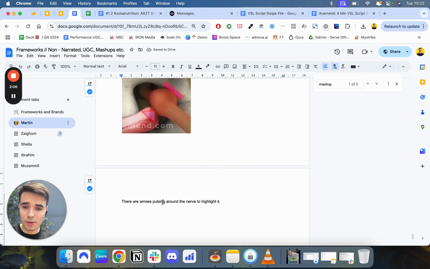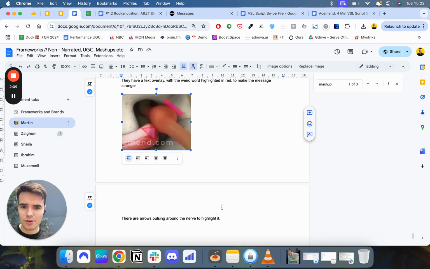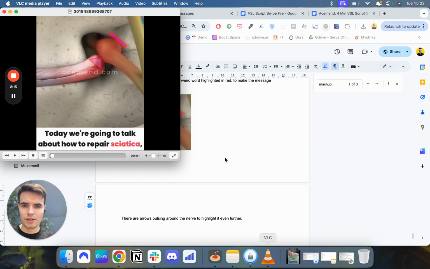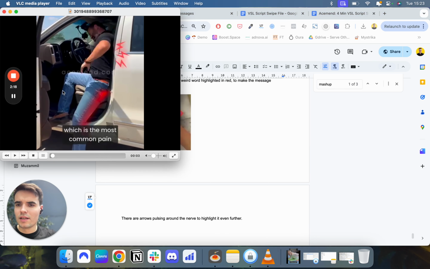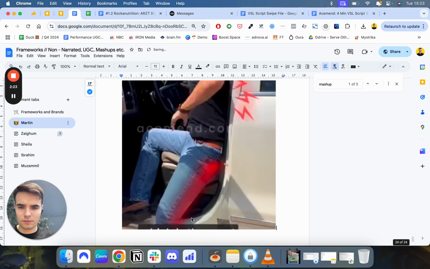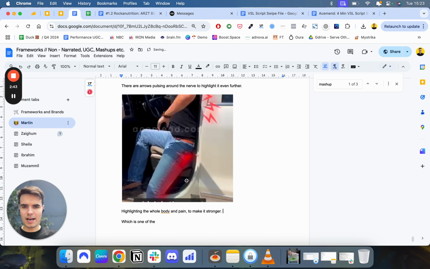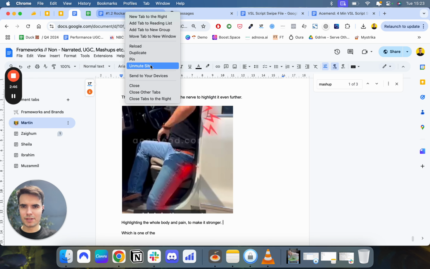There are arrows pulsing right here on this image to highlight it even further. Let's continue. Then this one is very good. So they're highlighting the pain in the body to make it a little bit stronger.